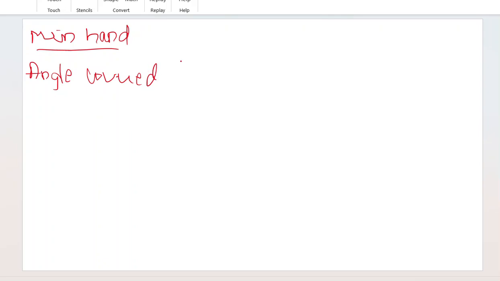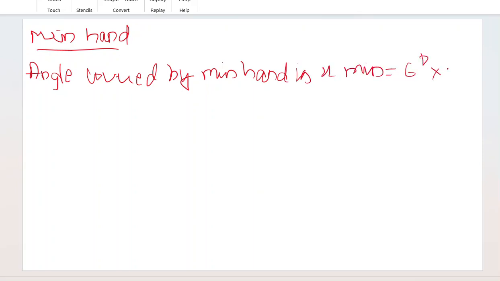Similar as done before, I do it for the minute hand. Angle covered by the minute hand in x minutes, I take it as 6 degrees into x, that is equal to 6x.